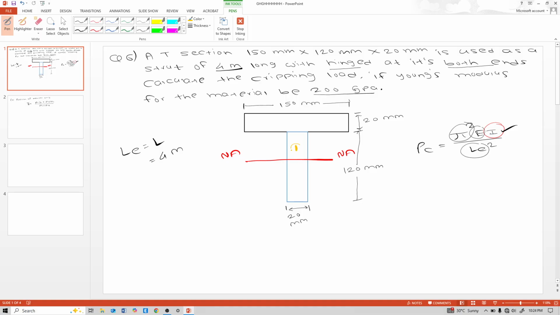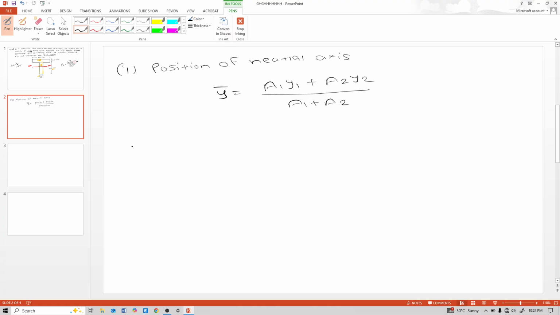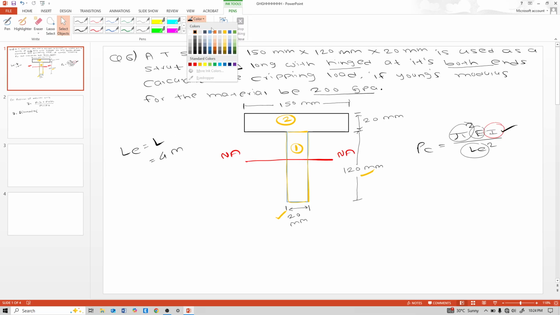Let us consider this as a1 and this as a2. So a1 means the area of this portion, this rectangle. a2 means this above flange portion. The area of this rectangle is 20 and 120. We just put in this numerical. Y bar is equal to a1, which is 20 multiplied by 120, and y1 we will measure from this point.